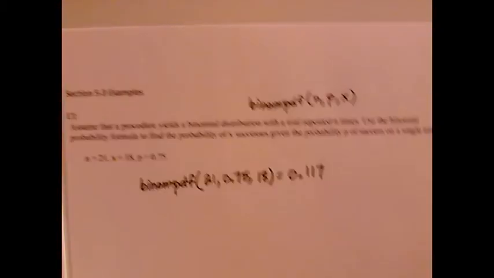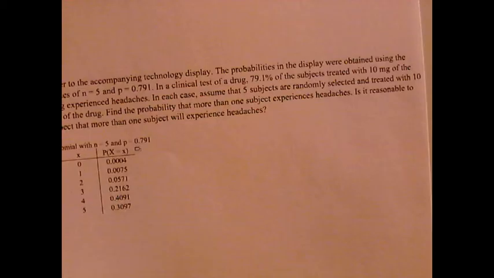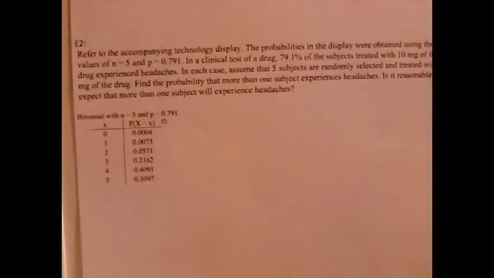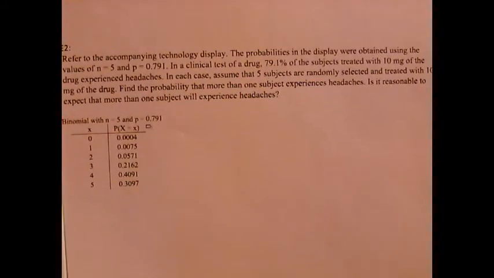Okay. Alright, let's look at the next example. This one has the table already given to you. So here you're going to refer to the accompanying technology display. The probabilities in the display were obtained using values of n is equal to 5 and p is equal to 0.791. In a clinical drug test, 79.1% of the subjects treated with 10 milligrams of the drug experienced headaches.